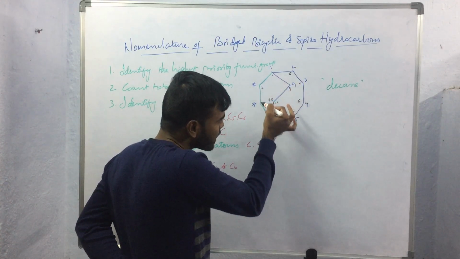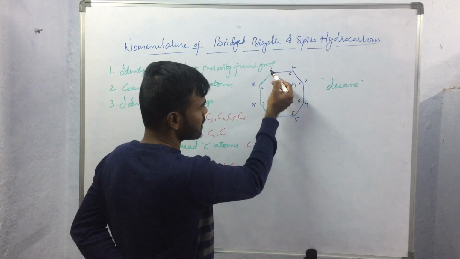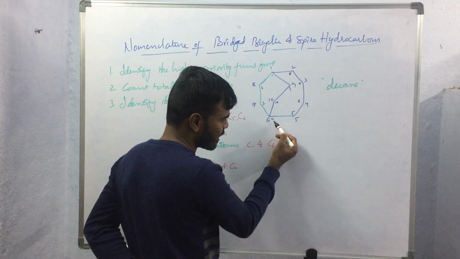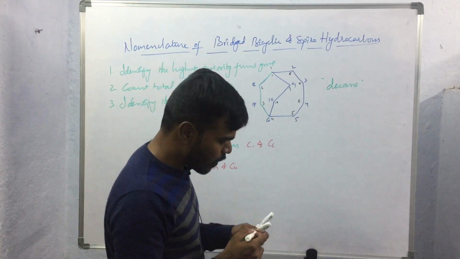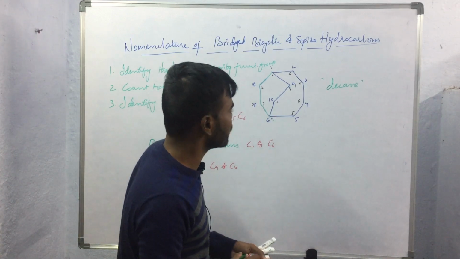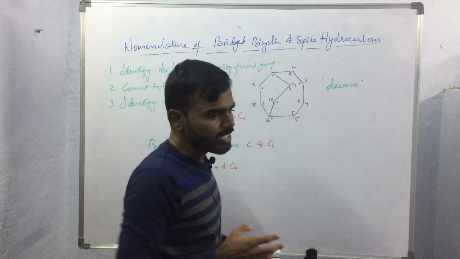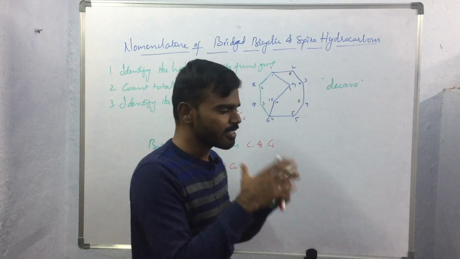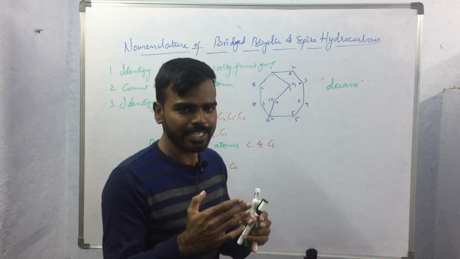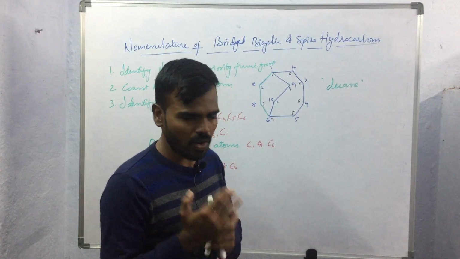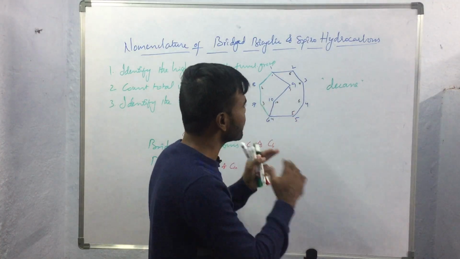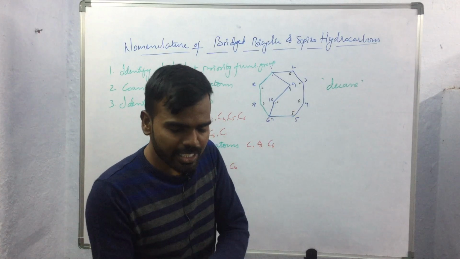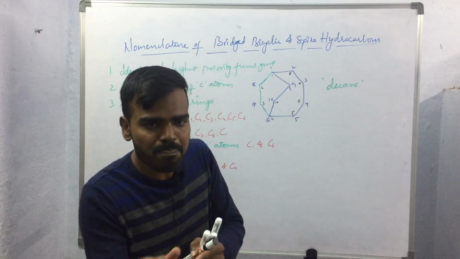If we give numbering in this way, then this will be the first bridgehead carbon atom and the second bridgehead carbon atom will get the number 4. But according to the rules, we have to proceed towards the second bridgehead carbon atom in such a way that the second bridgehead carbon atom should get the highest number, or we can say the numbering should proceed from the first bridgehead carbon atom to the second bridgehead carbon atom in the longest path.